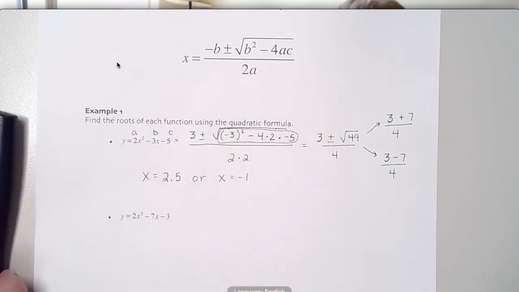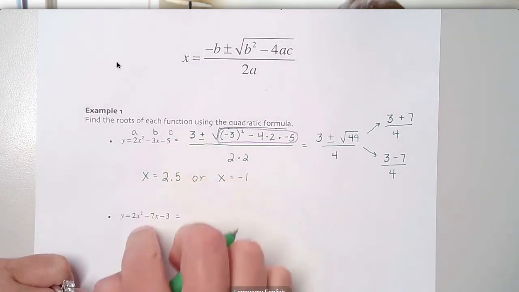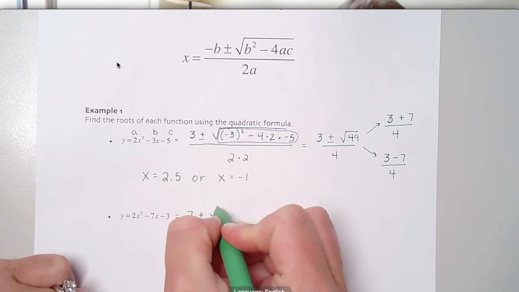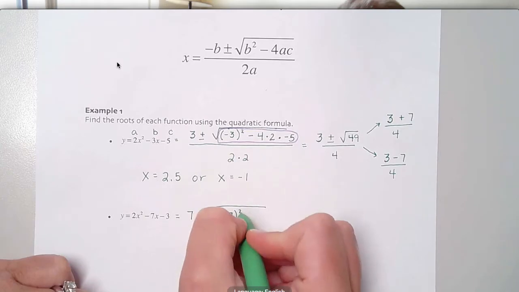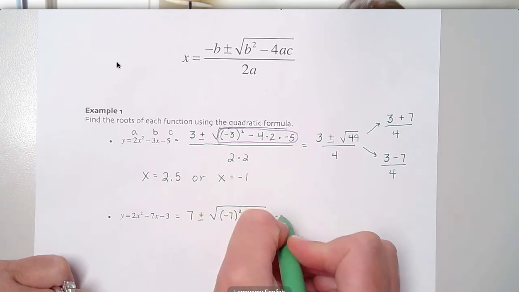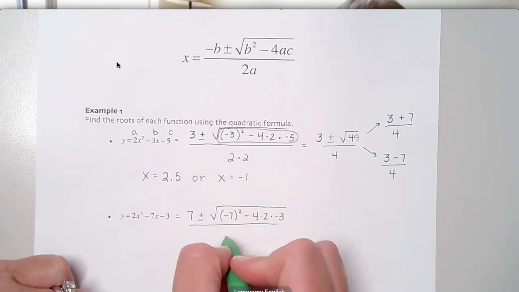Okay, let's start the next one. So negative b, so I'm going to go positive 7, plus or minus the square root of negative 7 squared minus 4 times 2 times negative 3, all over 2 times 2.